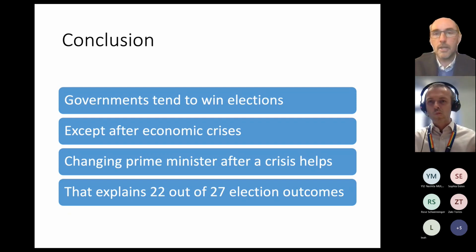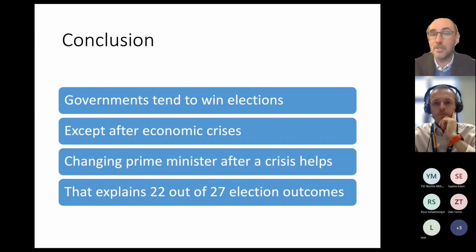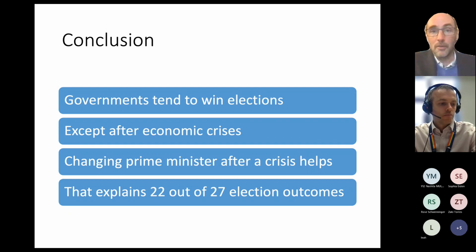So going back to what I was saying at the beginning, this was a theory for majoritarian systems rather than proportional systems. And so if the theory is as general as I suggested, then it ought to apply to other countries with majoritarian election systems, like, for instance, the United States. And actually, the evidence in the US is that economic voting of the kind I've been talking about, but even more generally, just how much the economy has gone up and down, is relatively strong.